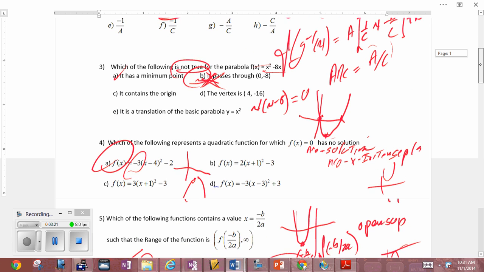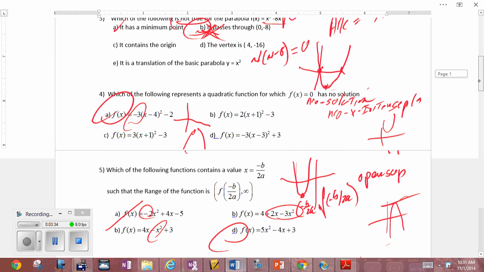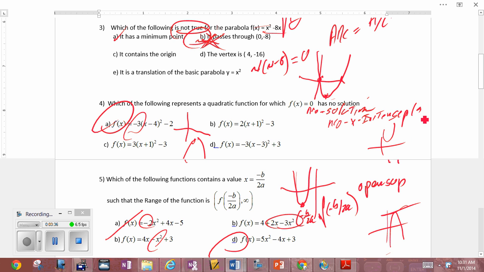Okay, number 4, which of the following represents a quadratic function having no solutions, that is, no x-intercepts? How does it end up having no x-intercepts? Two possible ways. One is that you have the vertex as a low point opening upward in the upper two quadrants, offering you no x-intercepts. The second is you have the vertex in the lower two quadrants opening downward, having no x-intercepts.